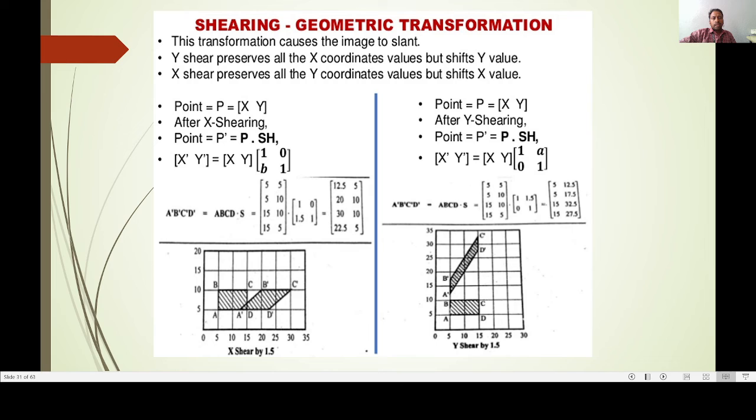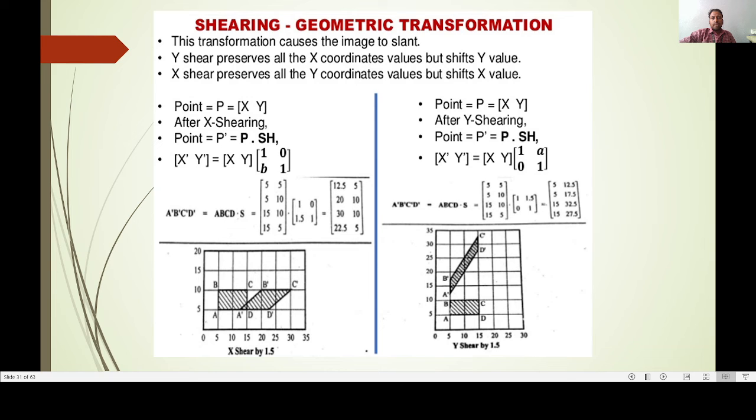For example, the point P is x comma y. After x shearing, the point is P dash equal to P into SH. That is x dash, y dash equal to x, y into the matrix 1, 0, B, 1. This is after shearing.